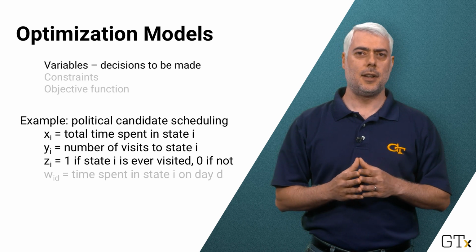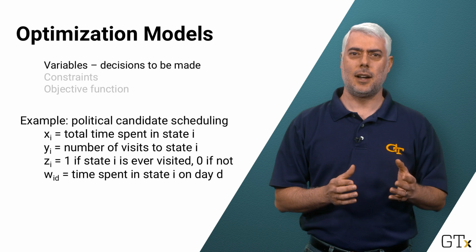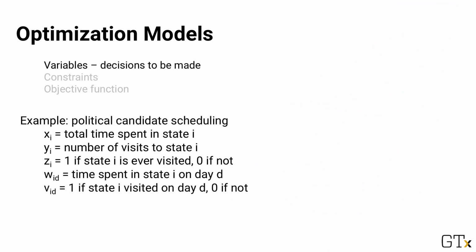So we might have a variable like Wid, the time the candidate spends in state i on day d specifically, and Vid might be 1 if the candidate visits state i on day d, and 0 if not. These are all decisions that we're trying to make, and if we build our model correctly, the optimization software will then find the best solution, the best combination of values for the variables.